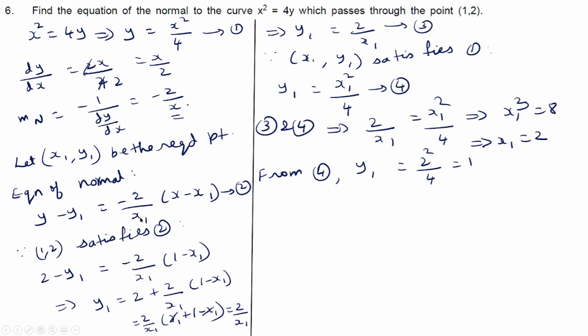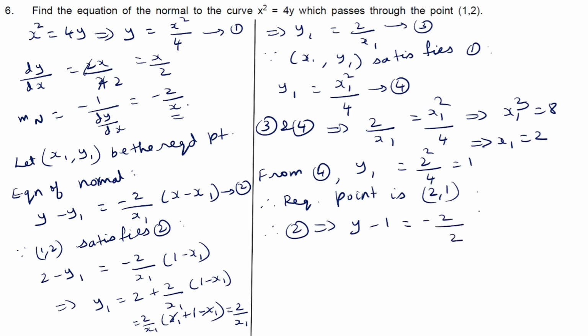So we can easily find the equation of the normal using this second equation. Therefore required point is 2, 1. Therefore equation of normal is y minus 1 equal to minus 2 by 2 into x minus 2.